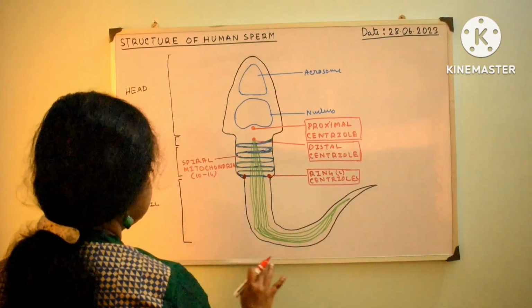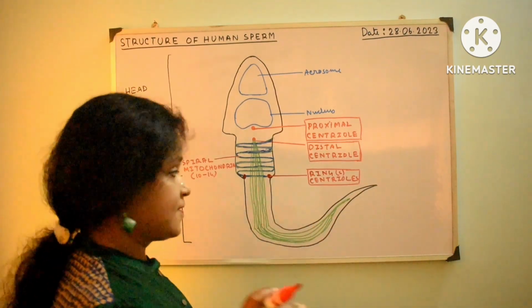Now this one is the tail region, and the tail region has two parts.